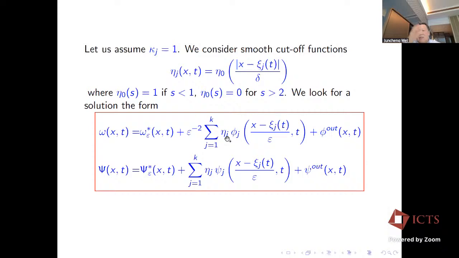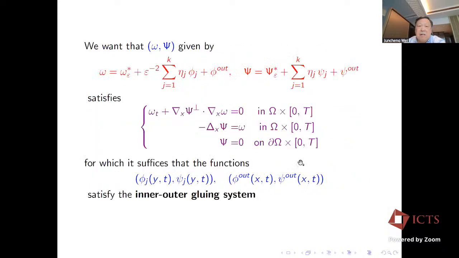So we have k Dirac, okay, k concentrations, and each of these will do a cutoff, and then we have this inner function phi j, and then we have this outer function, the outer, okay, and this is for the stream function. This is the inner, and this is the outer. Okay, so we want to solve this using the inner-outer gluing.